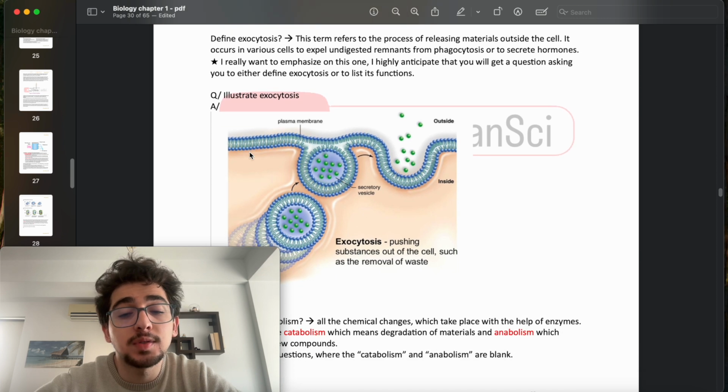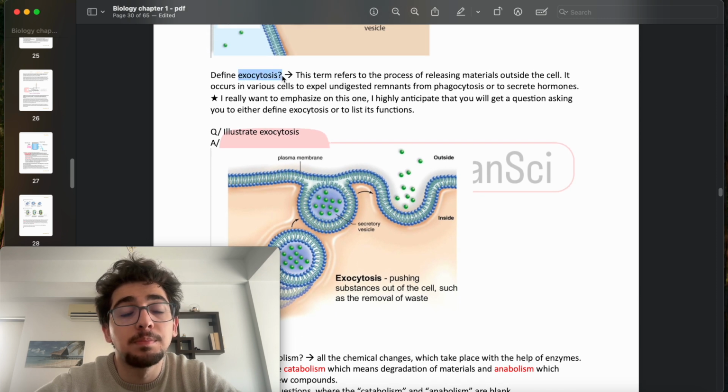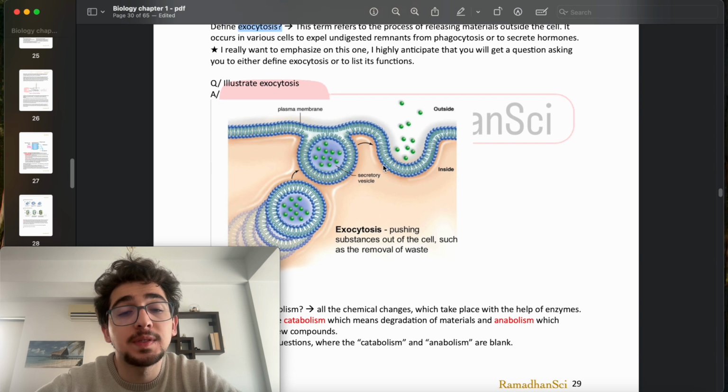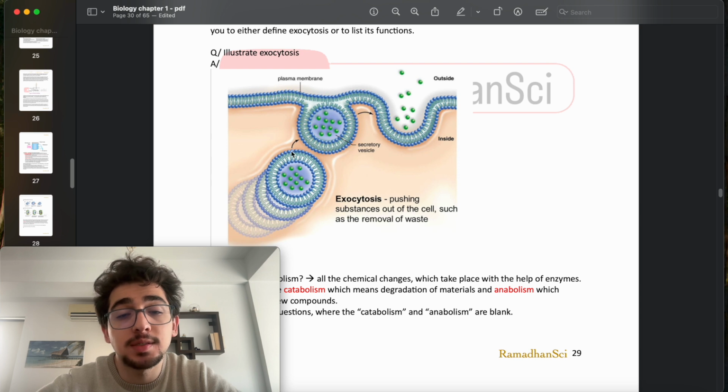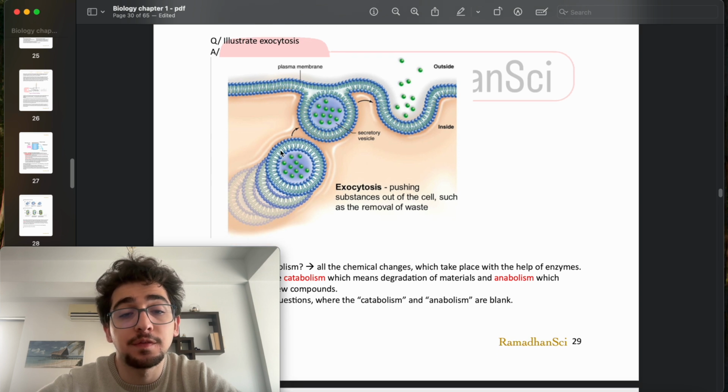And finally, exocytosis is the opposite to phagocytosis and pinocytosis, because in exocytosis, the vacuole or the vesicle will move from the inside to the outside.